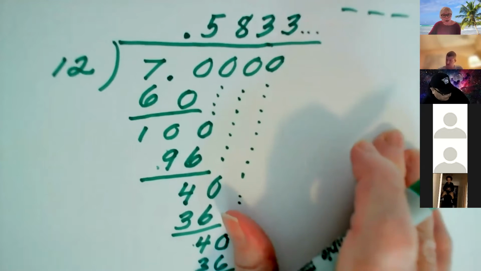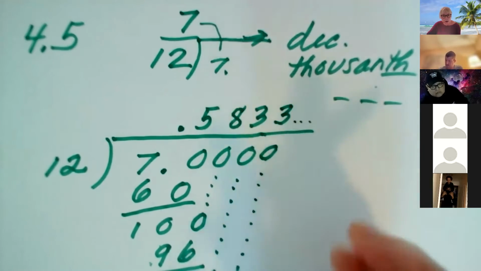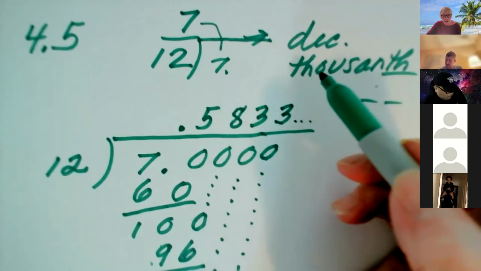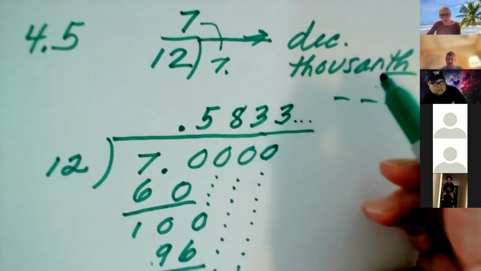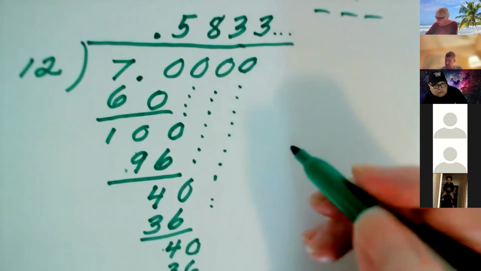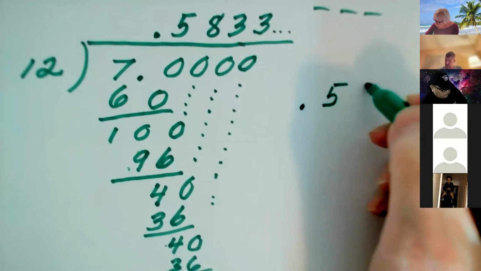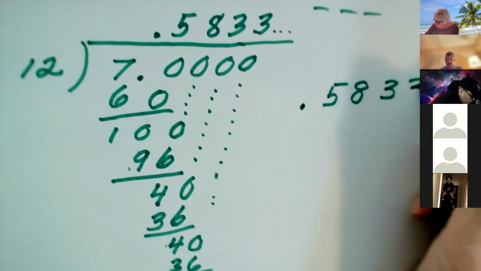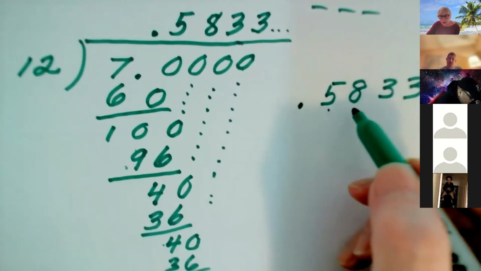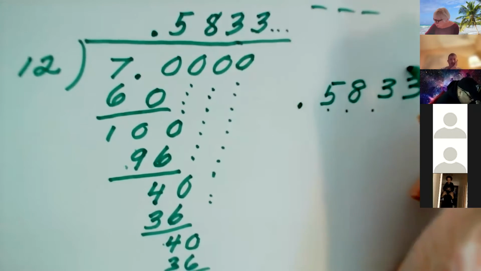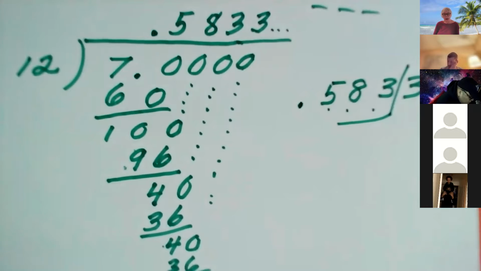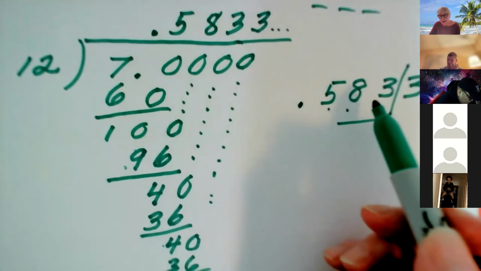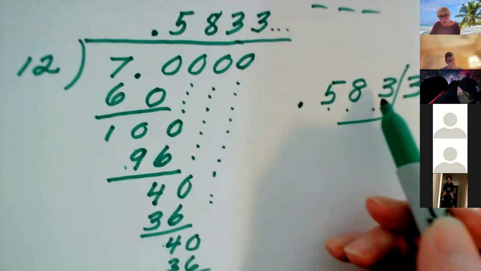And so back to the instructions, which were, find this decimal and round it to the thousandths place. So what I have so far is 5833. So this is tenths, hundredths, thousandths. When I do my rounding, I make this little mark to say this is the last number I'm going to see on the decimal side.